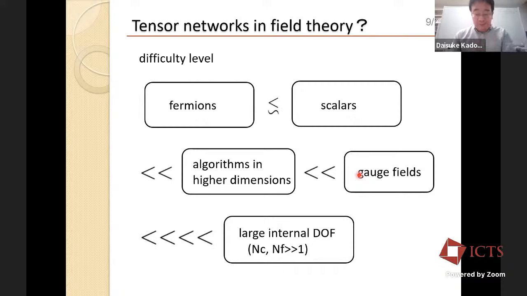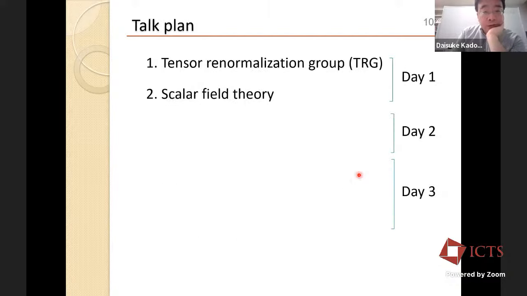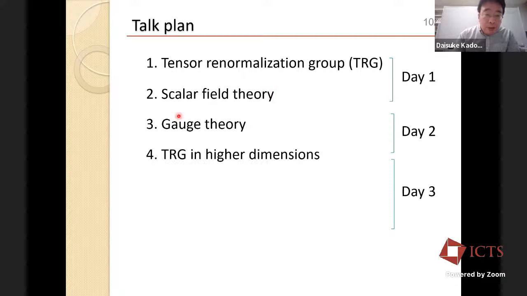So, in this lecture, firstly, I'd like to talk about tensor renormalization group method in 2 dimensions. Then we will see the TRG computation for scalar field theory in 2 dimensions. After which, I will be explaining how to handle gauge fields in TRG and how to define higher dimensional TRG algorithms.